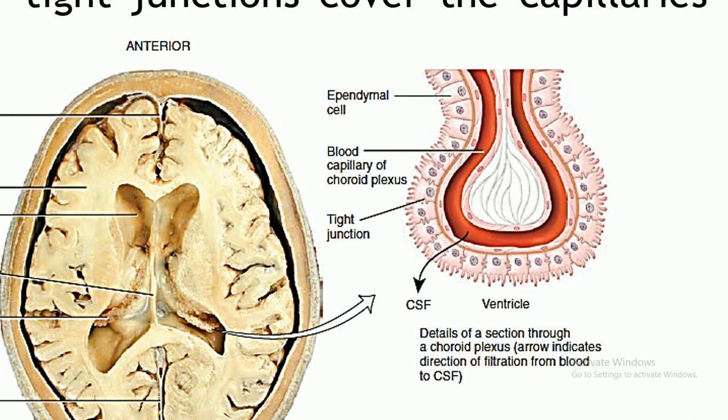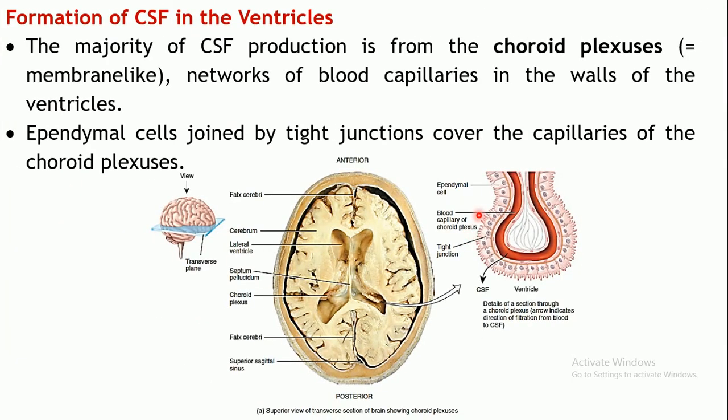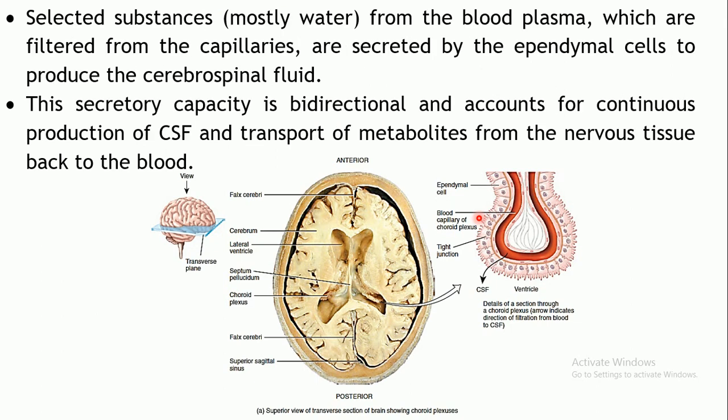So certain substances may also cross the ependymal cell to enter into the blood capillaries. Okay, so it's a bidirectional flow. The production of the CSF will take place, and transport of certain metabolites from the nervous tissue into the blood may also take place.